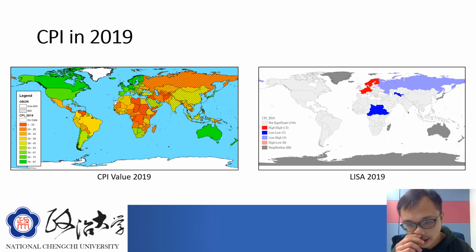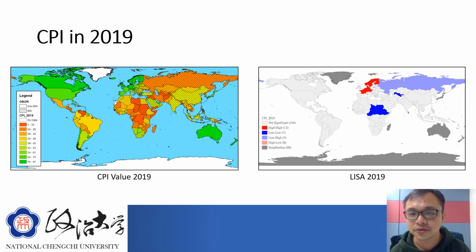Last thing about the LISA map, you can see some of the countries are marked with dark gray, and these countries are mostly island countries. I think this will be one of the limitations of my research, because I calculated LISA using borders, and these countries are not connected to land.